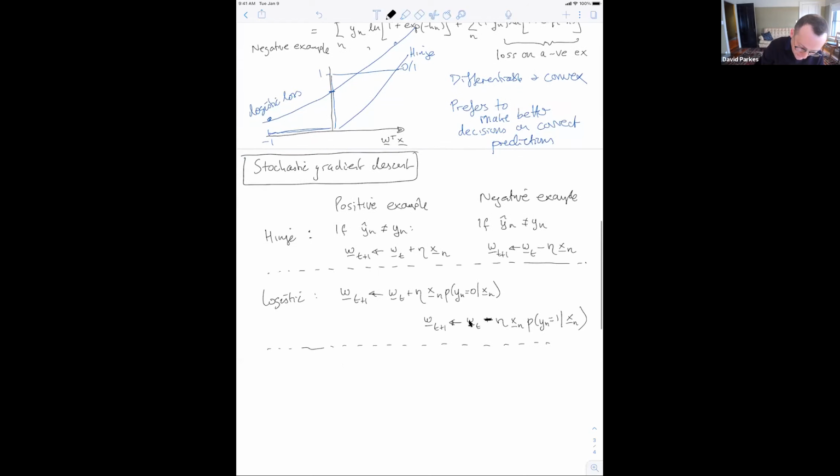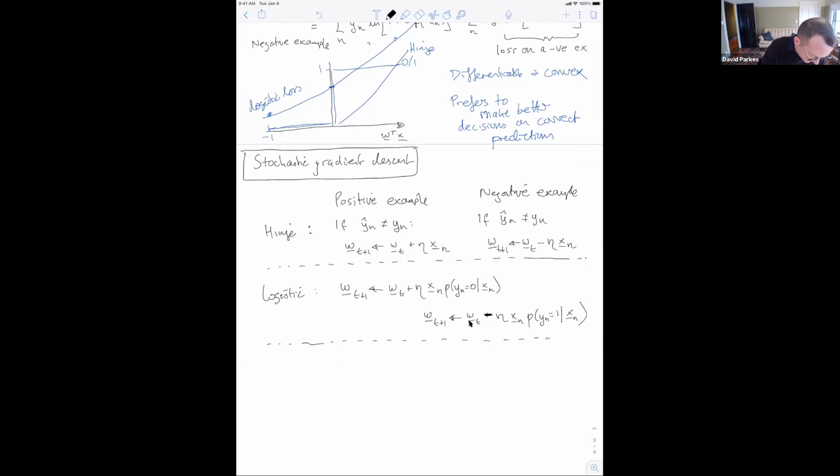And what I want you to think about here is that algorithms come from loss functions.